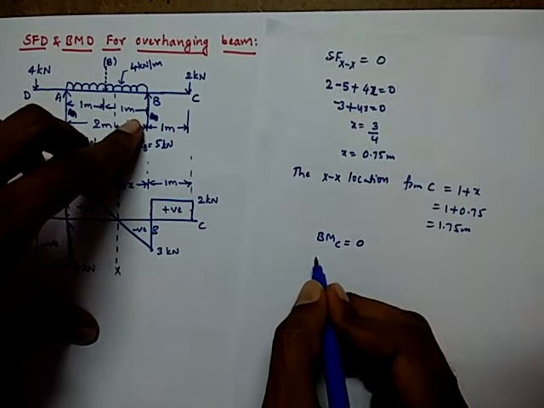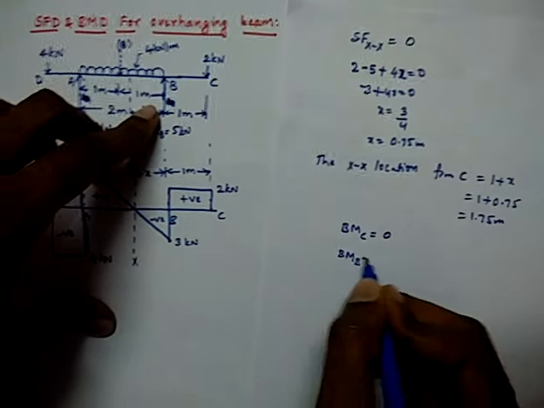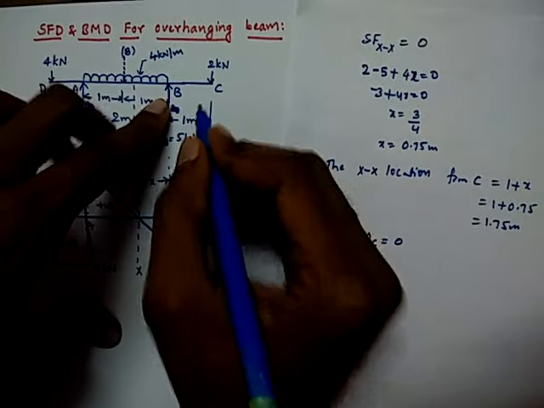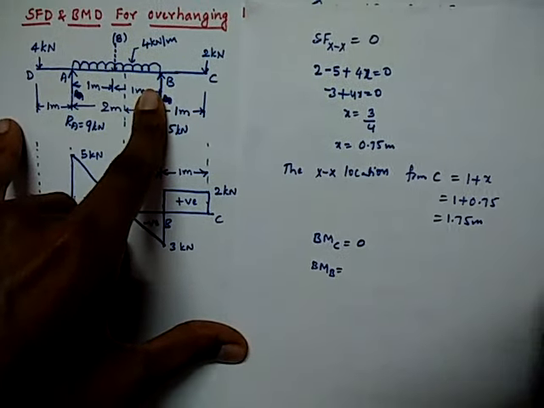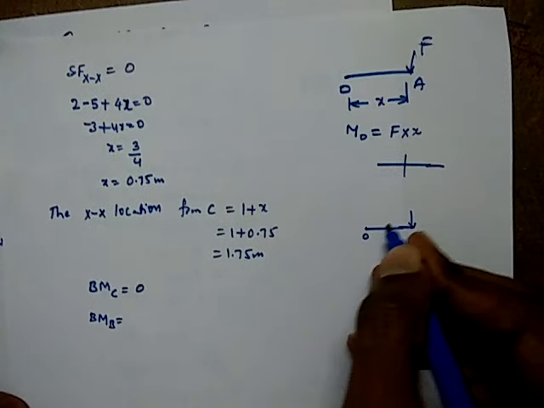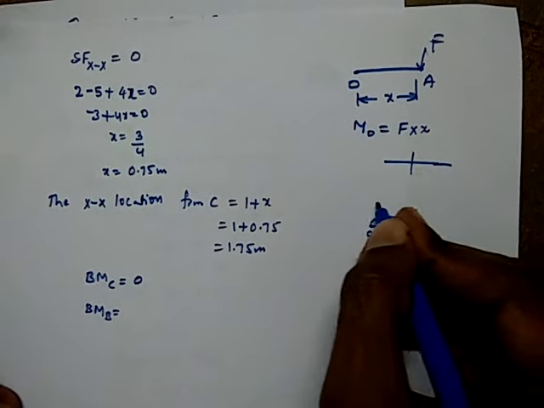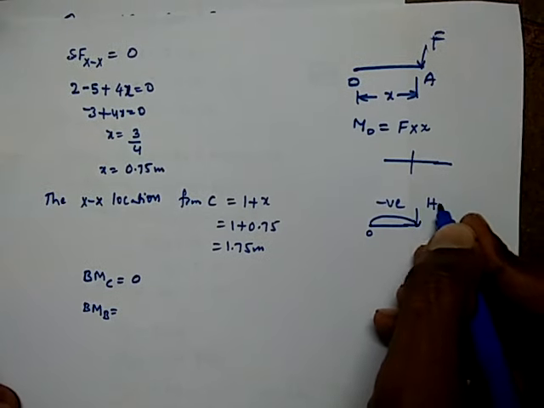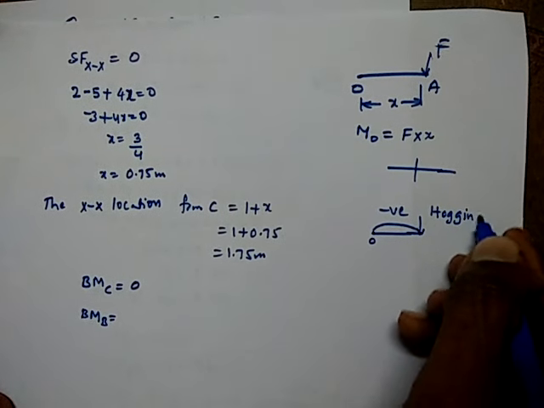And we want the bending moment at B here. We also require a sign convention. Suppose a force is bending a beam or layers of the beam upward, that is negative, which is hogging, so we take hogging as negative.